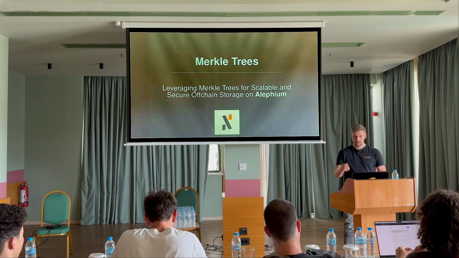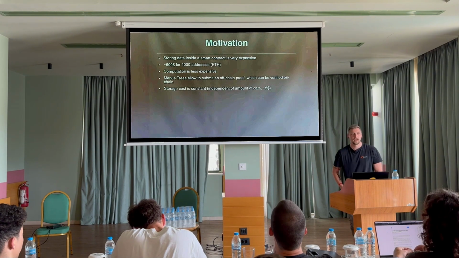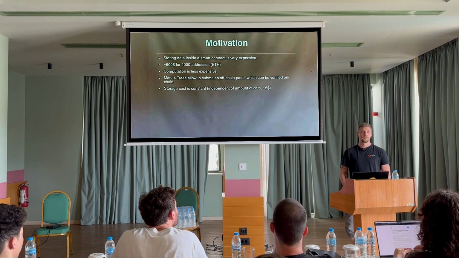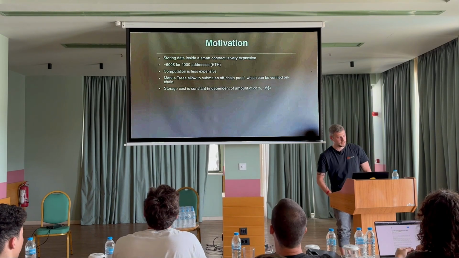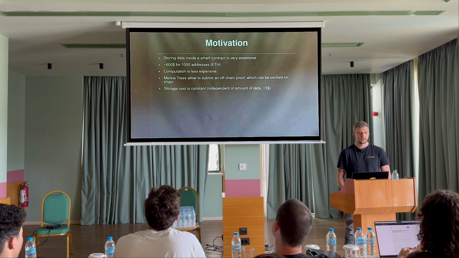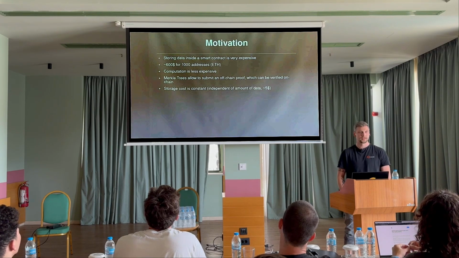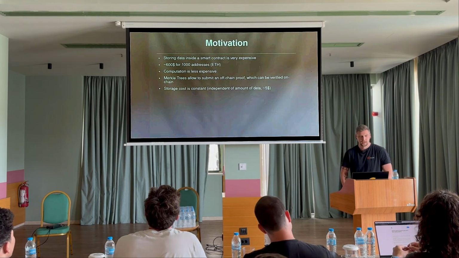So let's look at the motivation. Fugasho and I had an NFT project, and for this we needed a whitelist. Storing data inside a smart contract is quite expensive. Pushing, for example, 1,000 addresses into a contract would have been around $600 back then, which is completely insane.